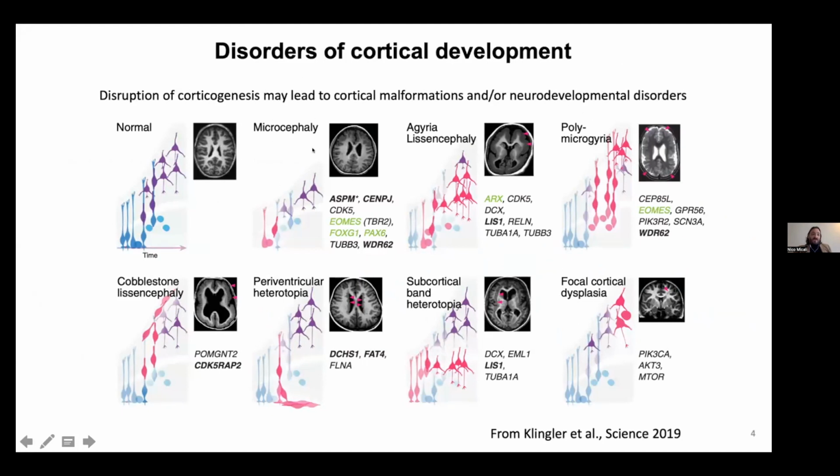For example, alteration of the proliferation phase of the neural stem cells can cause microcephaly, characterized by a smaller brain.